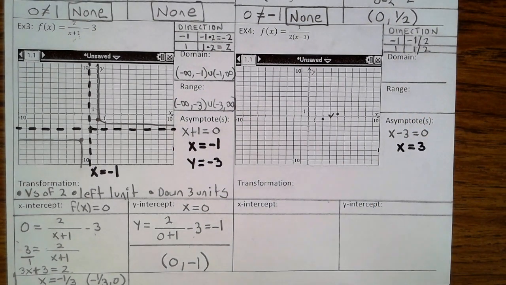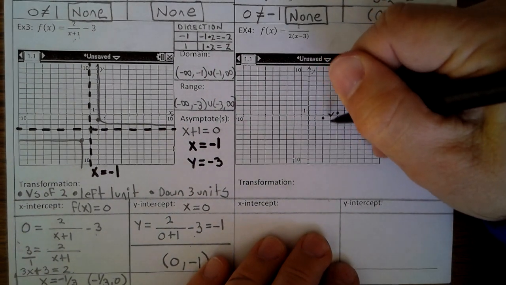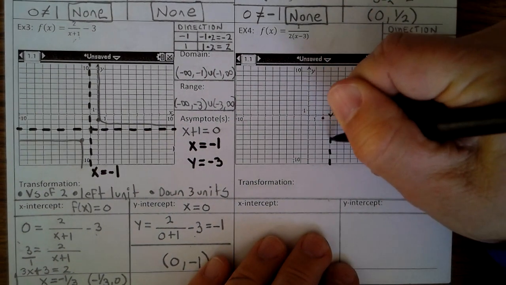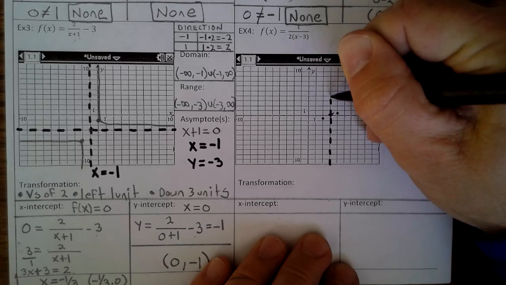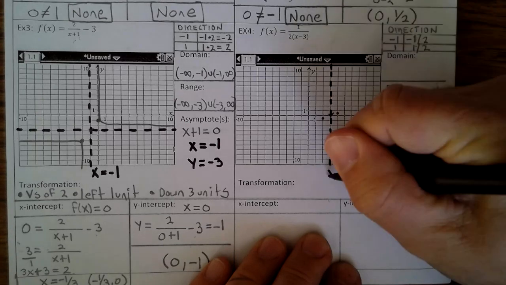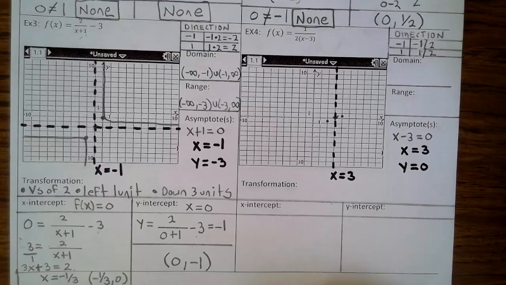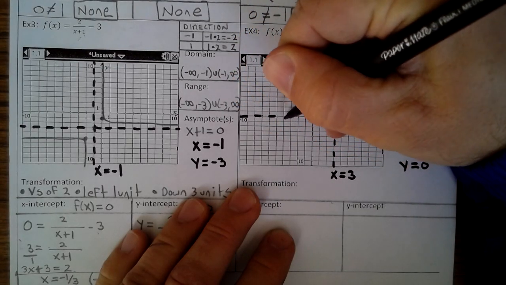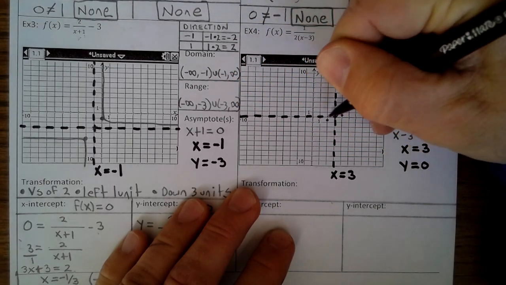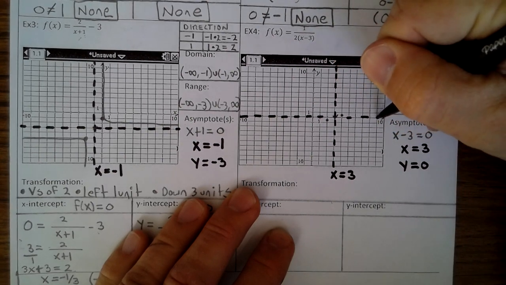And there was no vertical transformation, so our horizontal asymptote is at y equals 0. Okay, then we draw our curve. You can see how, since it's at 1/2, it's very, very close to the asymptotes.